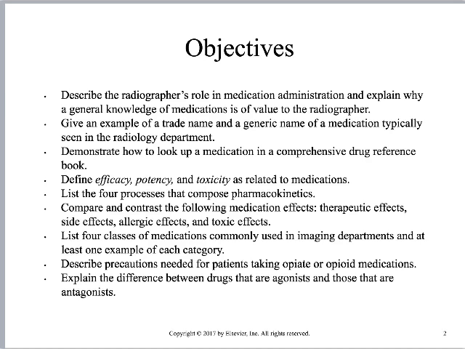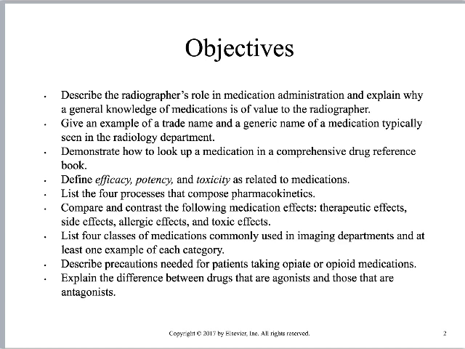We're going to need to differentiate between trade names and generic names of medications, talk about using things like drug reference manuals. We'll talk about terms related to how medications work, like efficacy, toxicity, potency. We'll talk about these 4 critical processes that compose pharmacokinetics, and these are important terms that we need to be able to define and also start to think critically about.